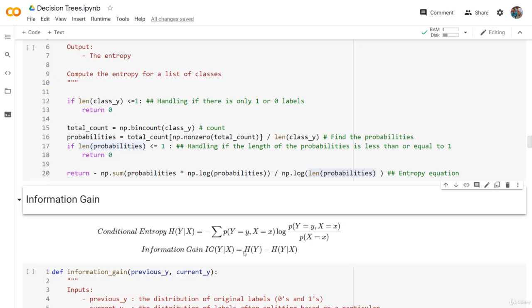So it's basically the entropy of y. So what is the entropy? Entropy is the uncertainty, right? So this is the uncertainty I had before, minus the uncertainty I have given the information you told me, right?